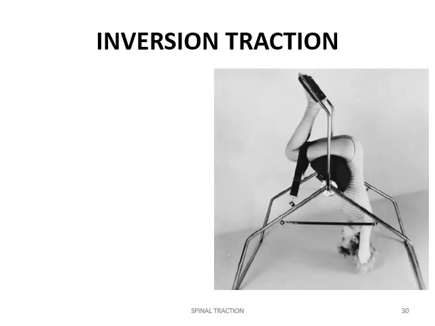Inversion traction is another positional traction which is used for prevention and treatment of back problems. Specialized equipment or simply hanging upside down from a chinning bar places a person in an inverted position. The spinal column is lengthened because of the stretch provided by the weight of the trunk.